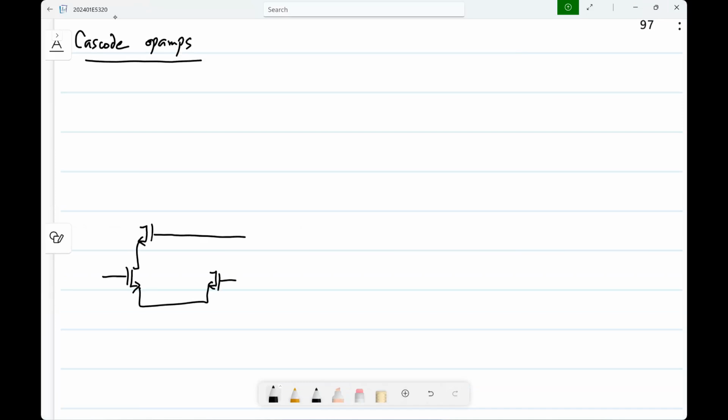You can use a cascode stage on top of this. Okay.